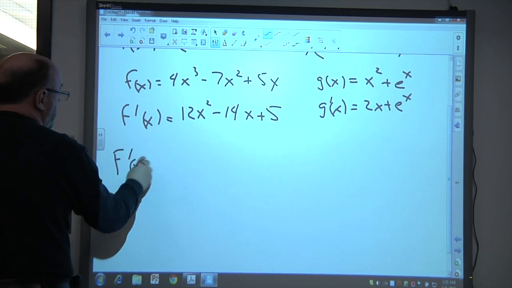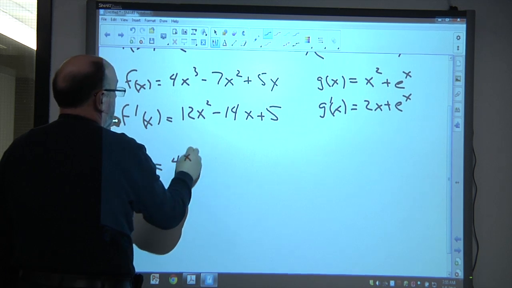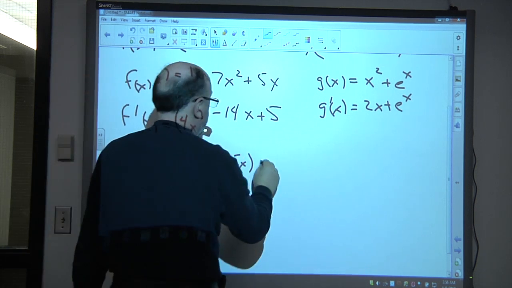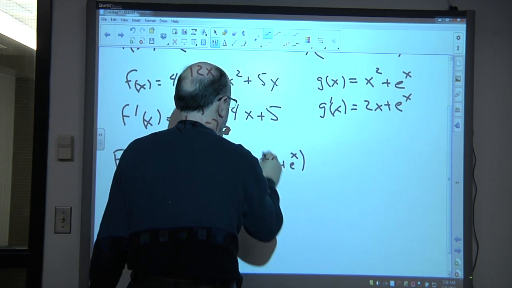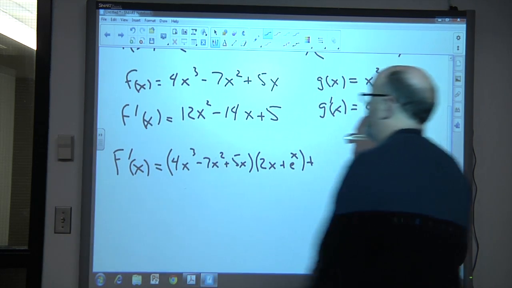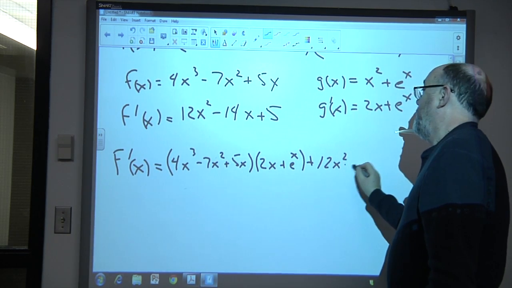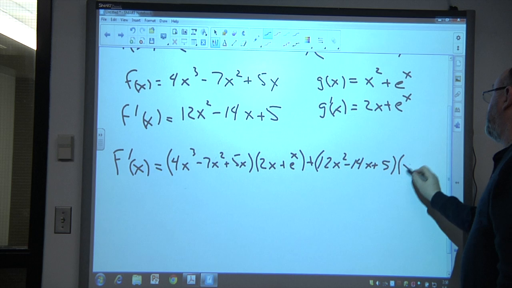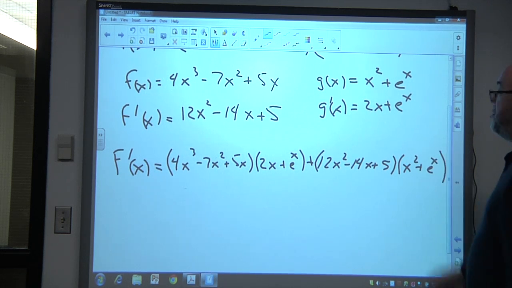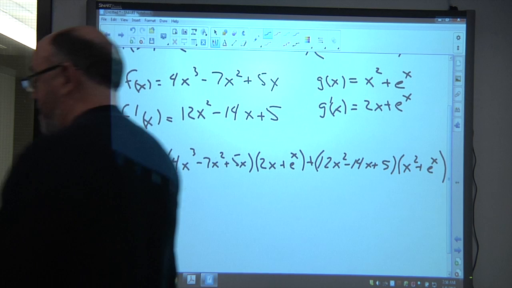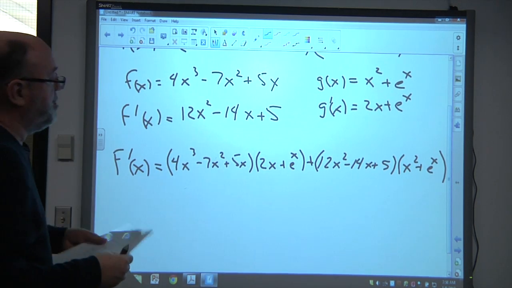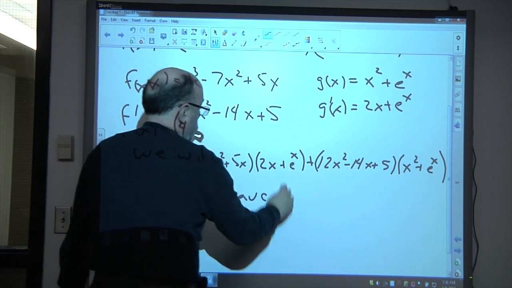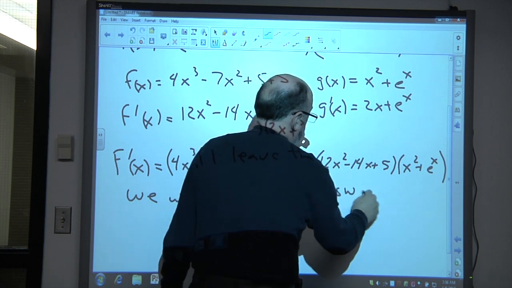So my derivative is the first, 4x cubed minus 7x squared plus 5x, times the derivative of the second piece, plus the derivative of the first times the back piece. For this one, we're going to leave the answer in this form.